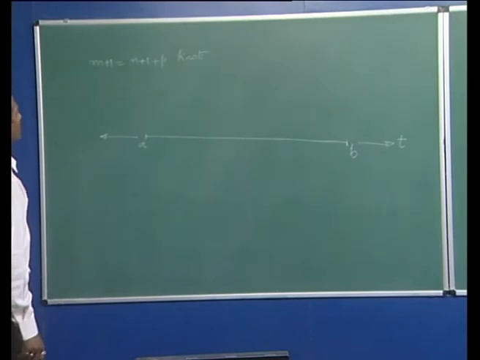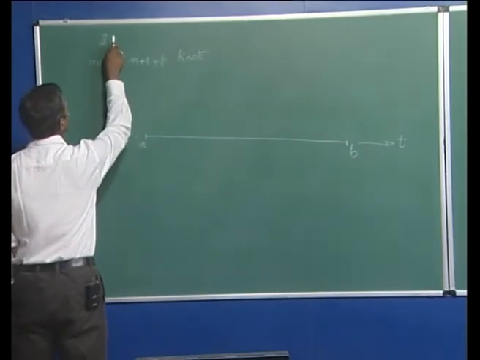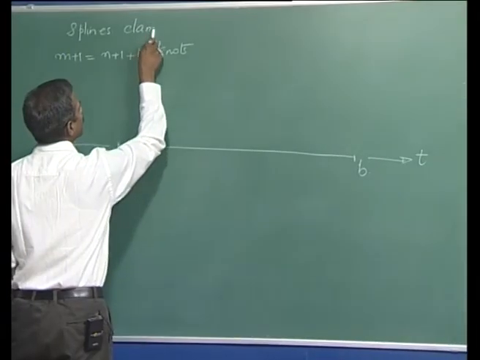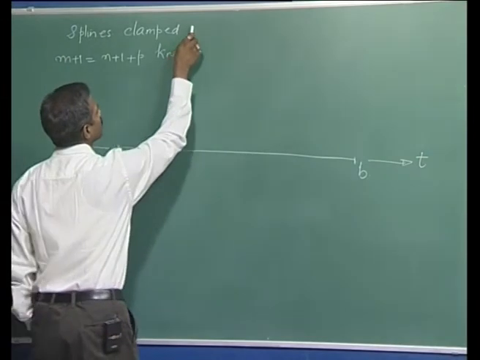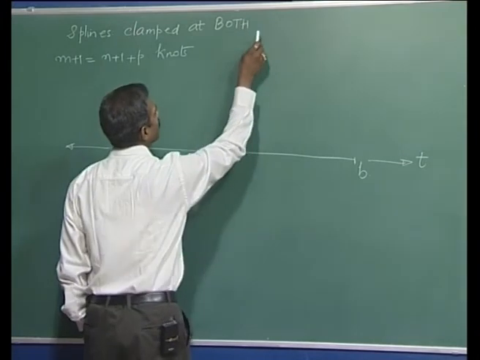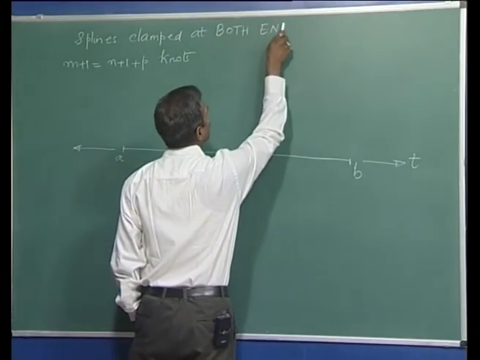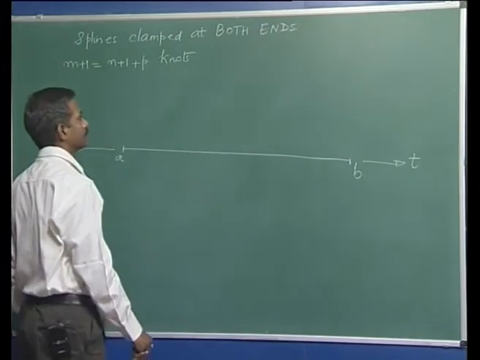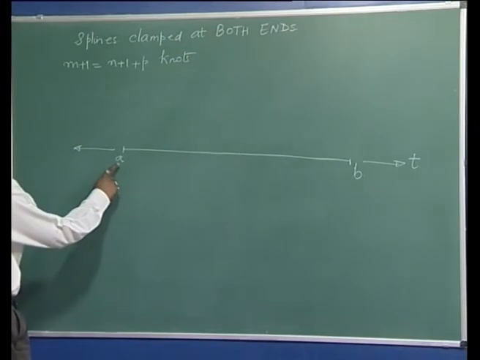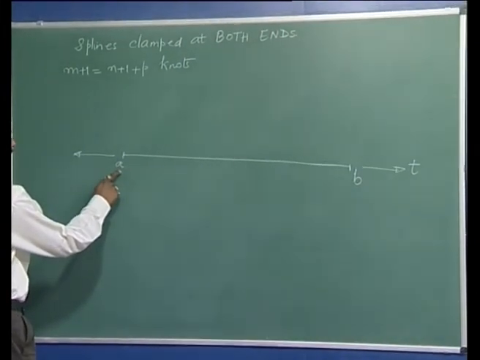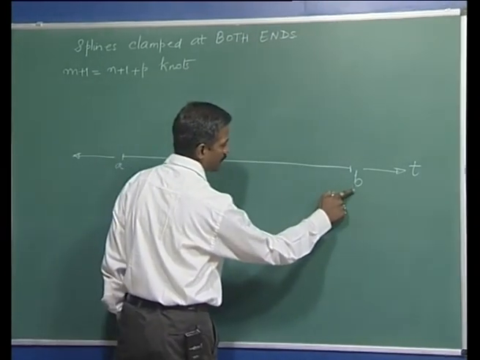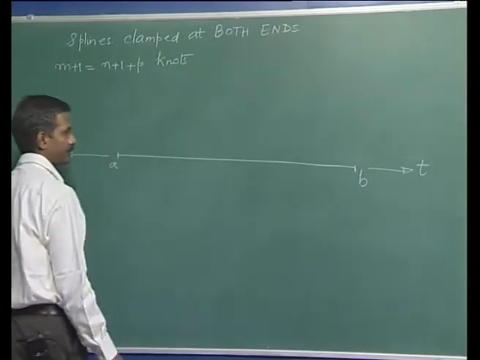We are working with splines unclamped at both ends. Now, what we have done is we have repeated the knot here p times, and we have repeated the knot here p times as well.